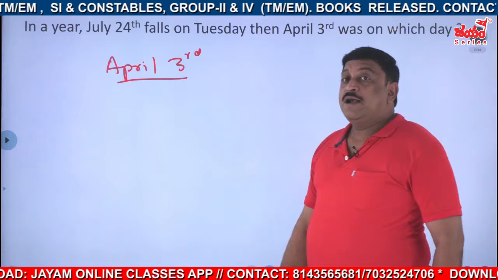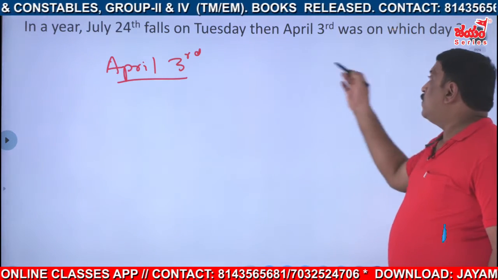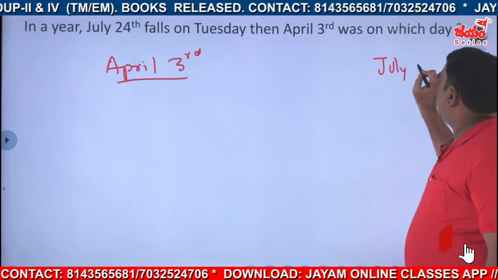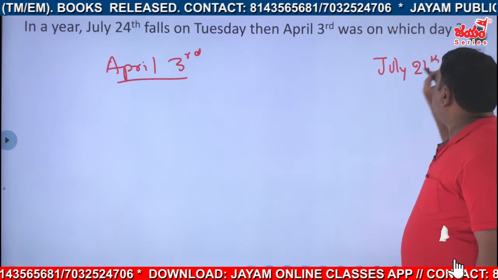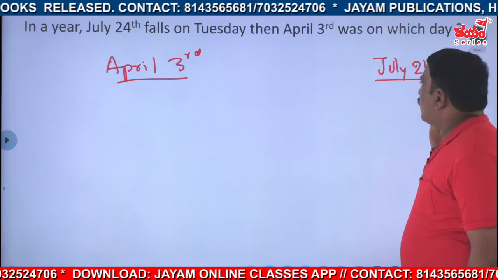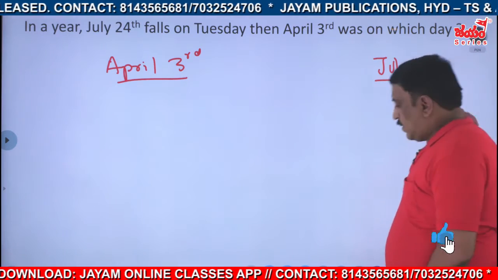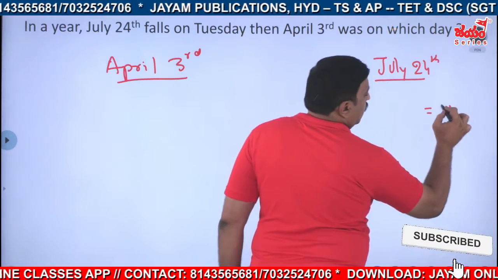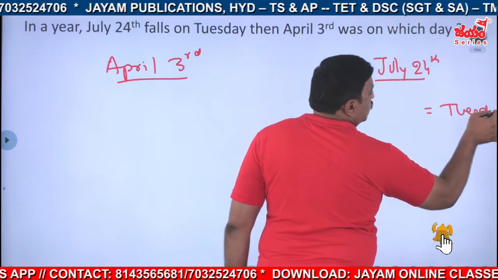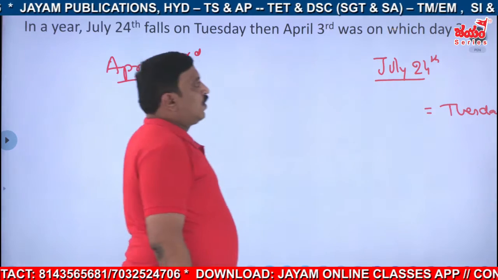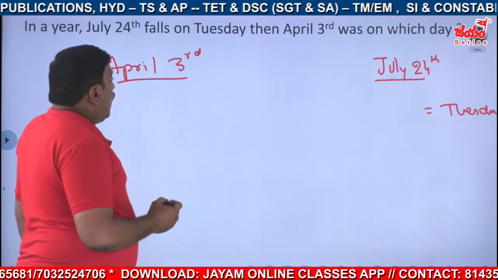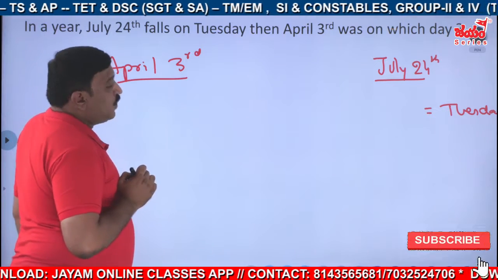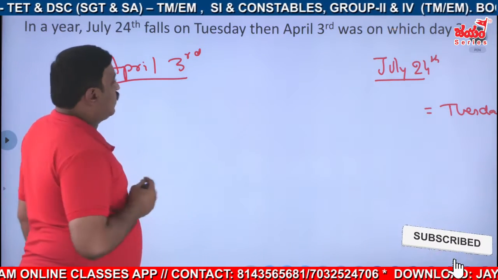Okay. Till when? I have to go up to July 24th. But July 24th is given. It is Tuesday. So I'll put that one there. Tuesday. Fine. April 3rd you have to find out, and July 24th.